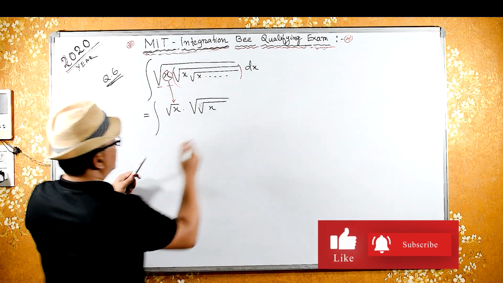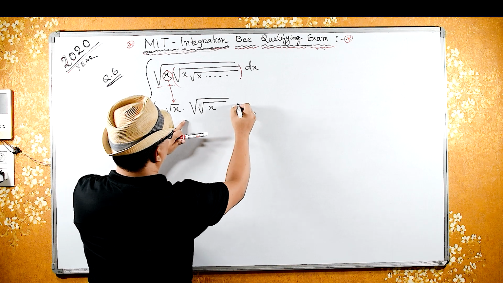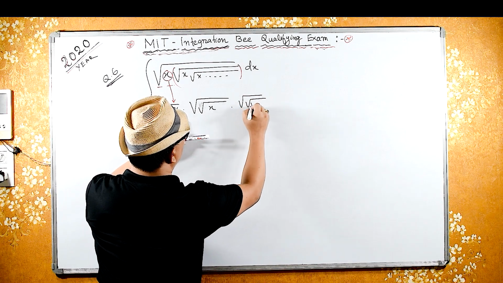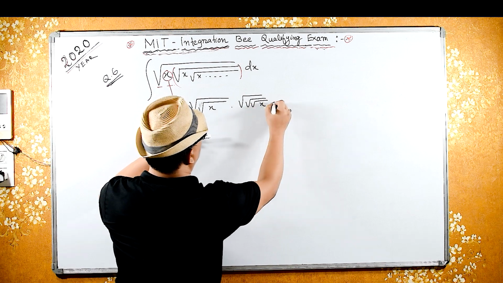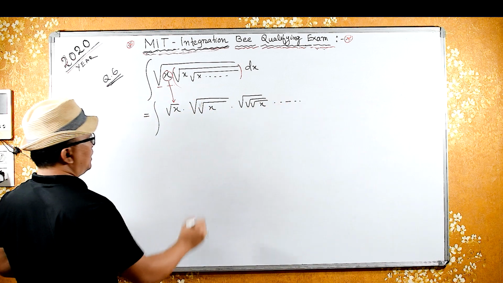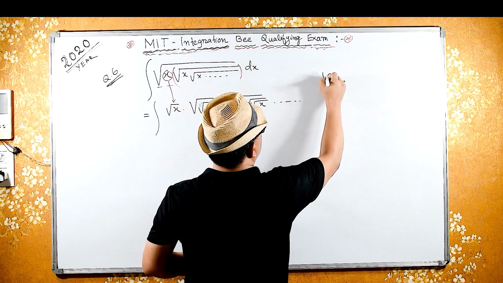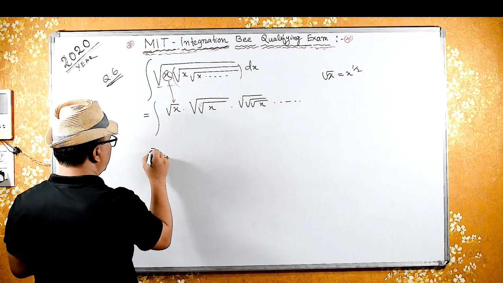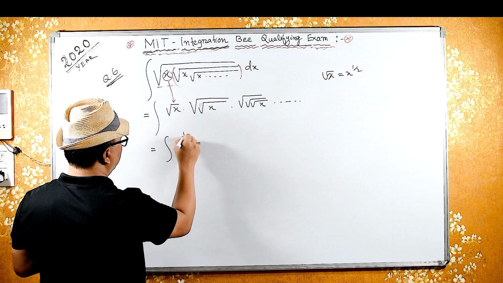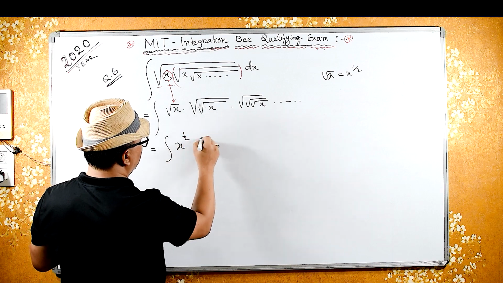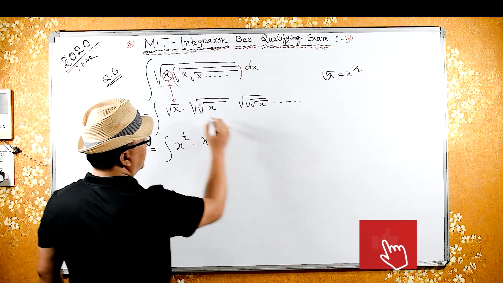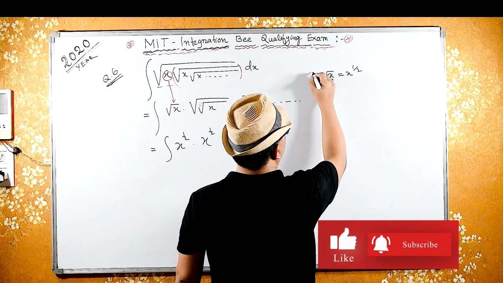Similarly again another, square root of x, and so on. As you know, square root of x is x raised to half. Now this is the same as x raised to half into x raised to half, and again here.